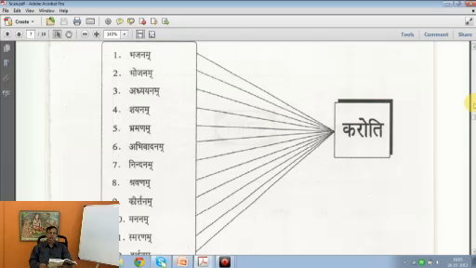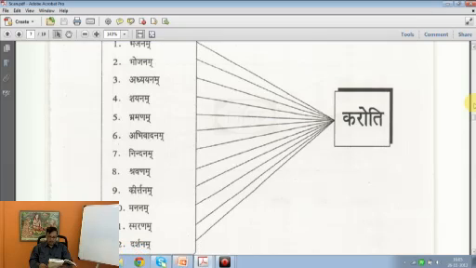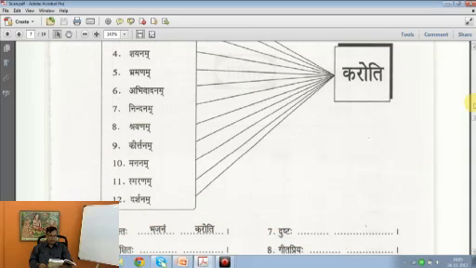A devotee chants, or a devotee is chanting. Kirtana is chanting the names of the Lord. Panditaha mananam karoti. A scholar recalls what has been studied. Mananam, he recalls, he ruminates.